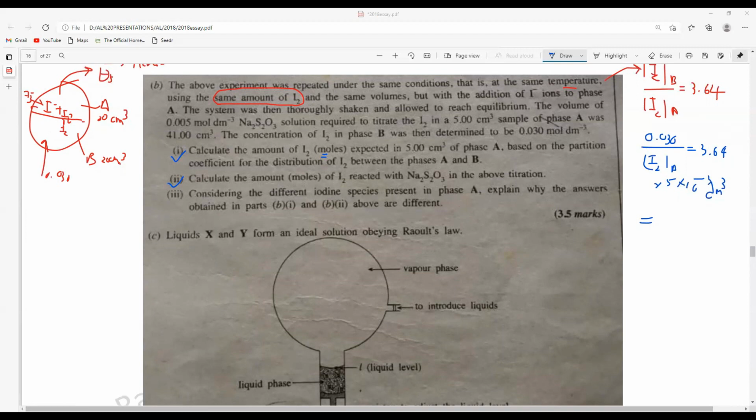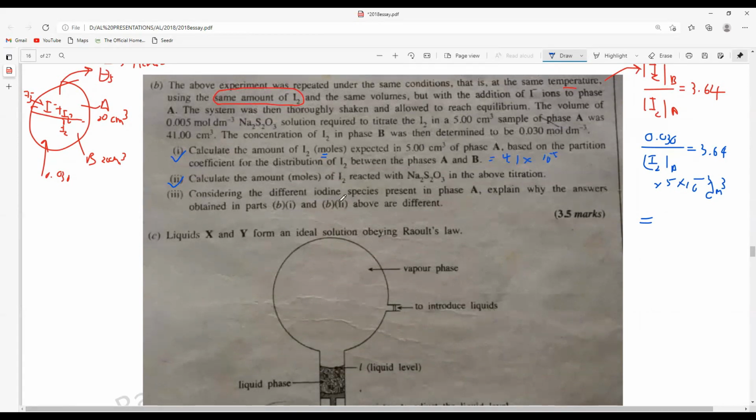So if I get the correct values here, when you just use the partition coefficient and calculate the amount of I2 moles in phase A, you end up getting roughly 4.1 times 10 to the power minus 5.